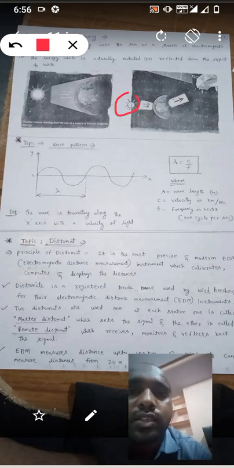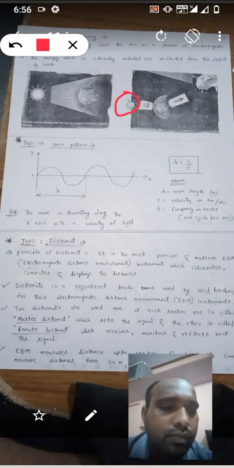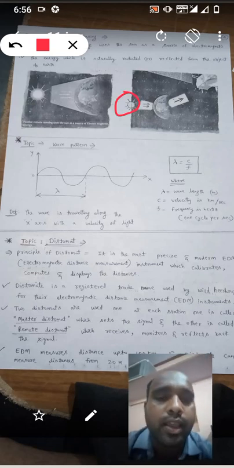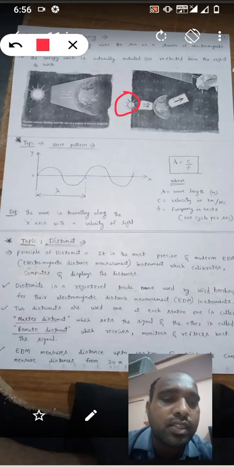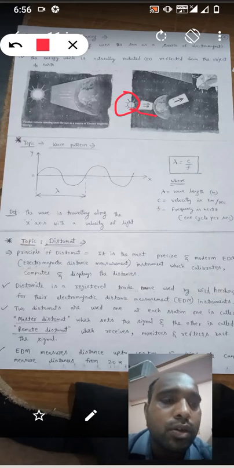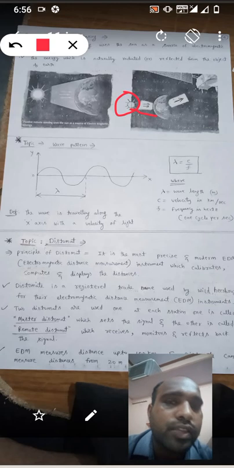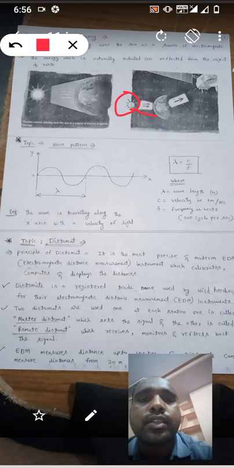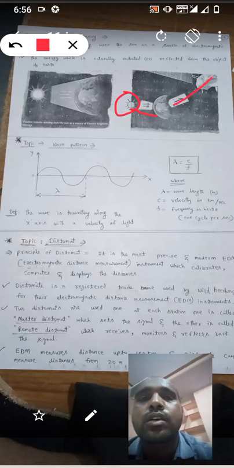In passive sensing, this is the sun as a source of electromagnetic energy. The energy which is naturally radiated or reflected from the objects of the earth, after reflecting, returns to the sensor.